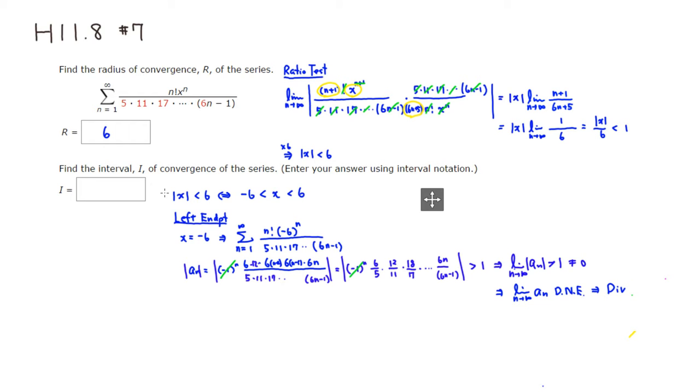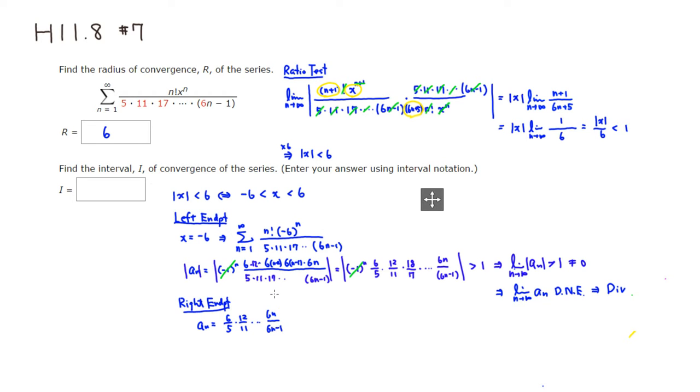The right endpoint is very much the same. The only difference is that you don't have a negative sign, so you get exactly the same thing. a_n is 6 over 5 times 12 over 11, and so on, to 6n over 6n minus 1.